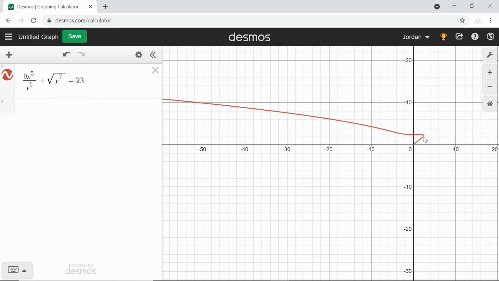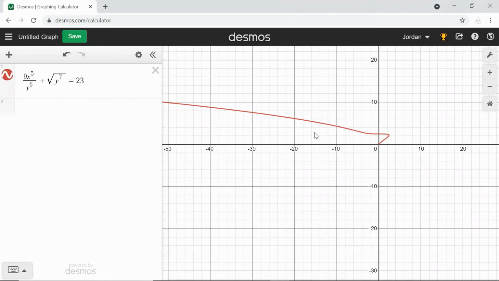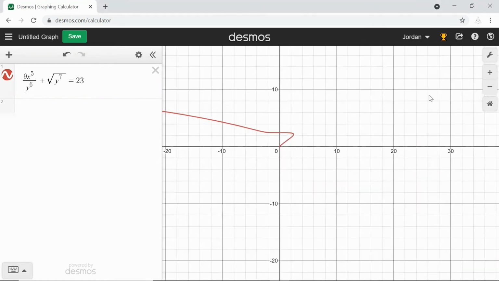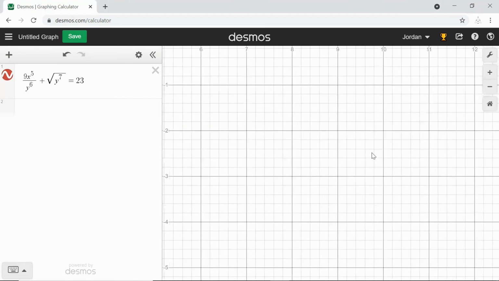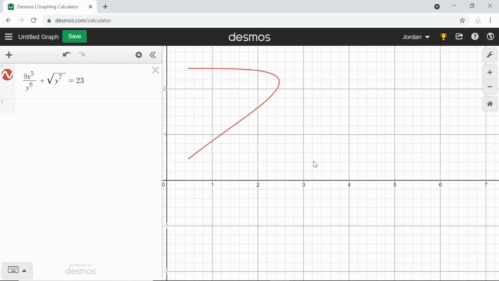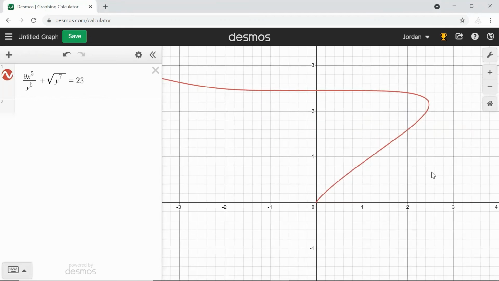But this weird zigzag at the beginning is kind of an interesting feature. But my point of bringing this up is that at any point on this weird shape, we can actually find the derivative using that y prime that we just found.